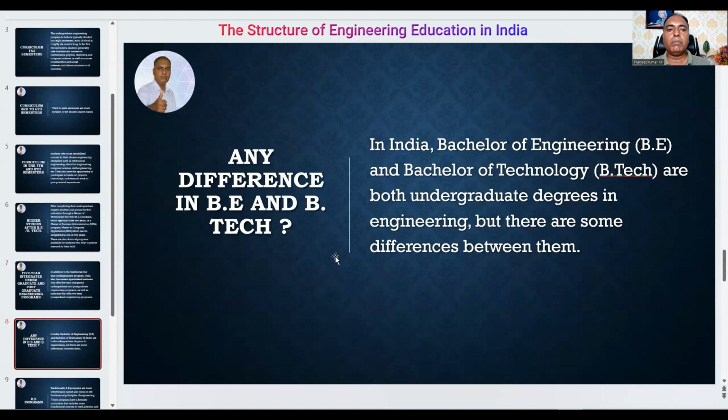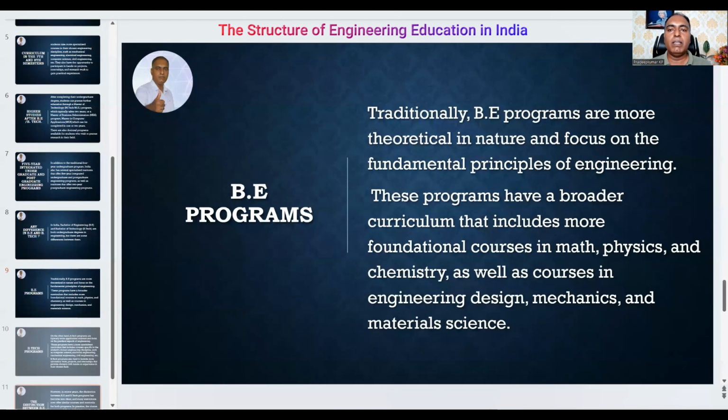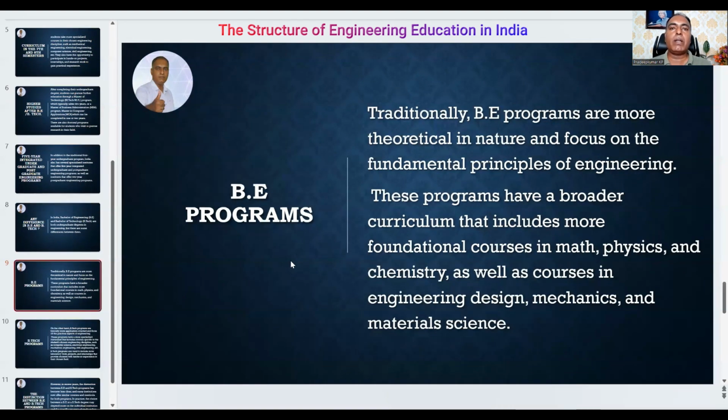Then some people have doubts about what the difference is between BE and B.Tech. Both are undergraduate programs in engineering, but there are some differences between them. The BE program is traditionally more theoretical in nature and focuses on fundamental principles of engineering.